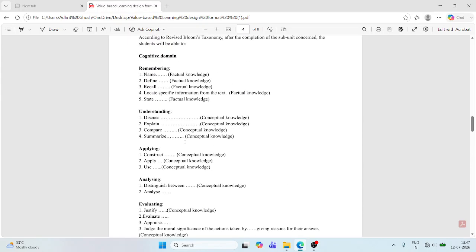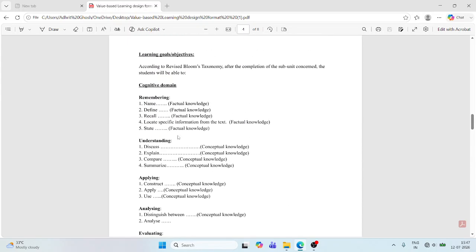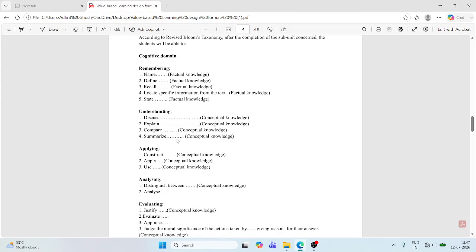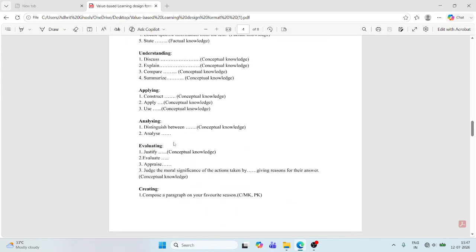In a value based learning design, if you miss the affective domain, then you miss a very important part of the message that you want to convey through the lesson. Under the cognitive domain, your objectives remain just the same: remembering, understanding, applying, analyzing, evaluating, creating.